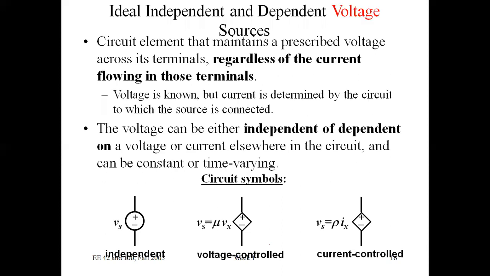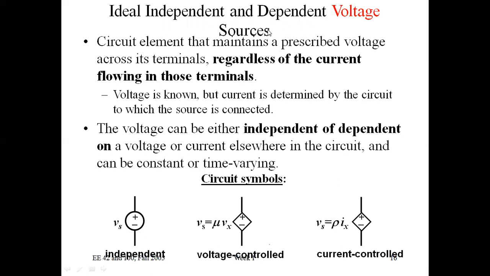The circuit element that maintains a prescribed voltage across its terminals regardless of the current flowing in those terminals: the voltage is known, but the current is determined by the circuit to which the source is connected.